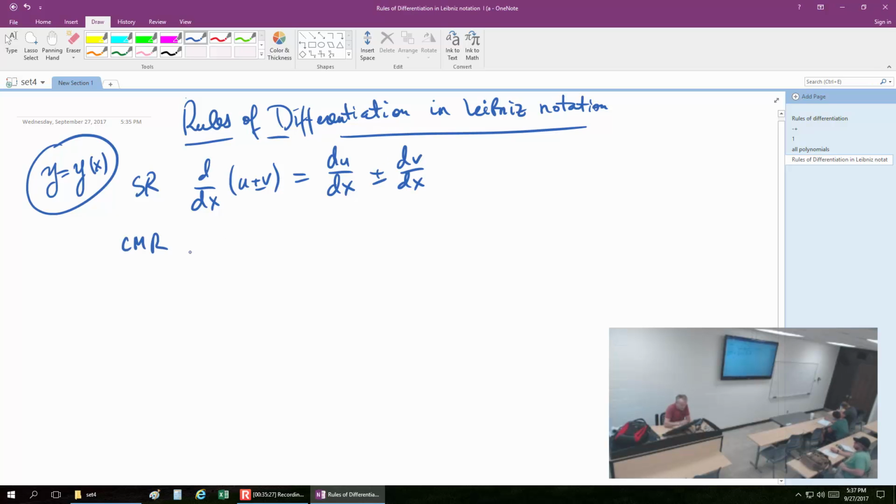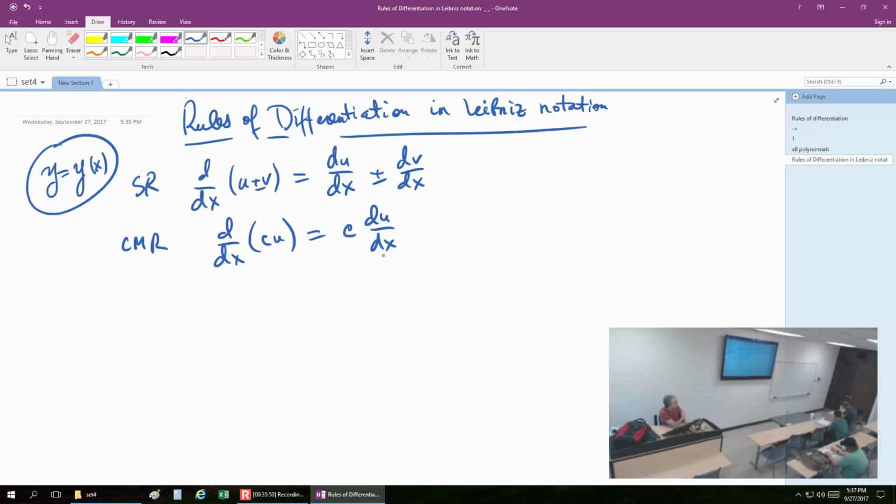Constant multiple rule: I differentiate with respect to x c times a function of u, and I have c du dx. The notation, especially those parentheses, emphasizes the differentiation step, differentiation as a way to process functions. In parentheses you have a function.